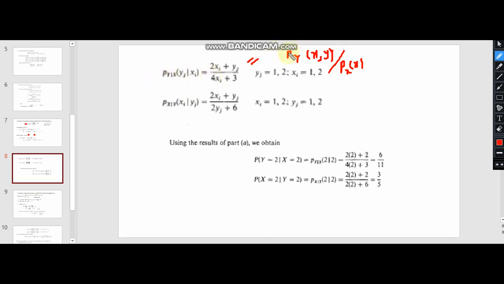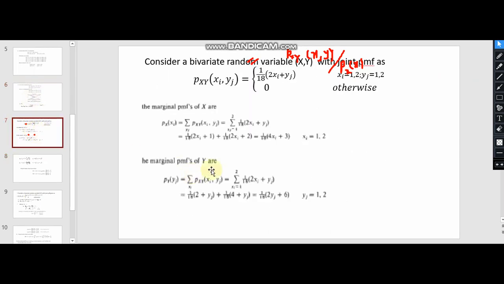Here we know that the joint probability of x and y was 1 over 18 into 2x plus y. So I will divide it with the marginal probability of x, which is 1 over 18 into 4x plus 3.